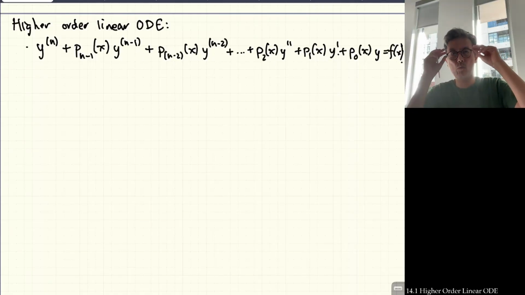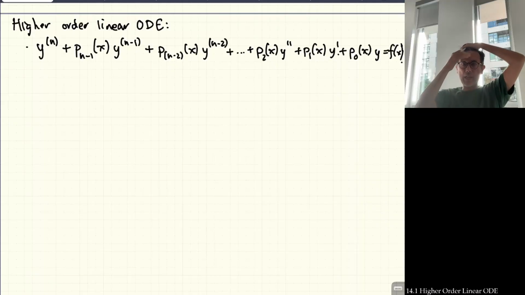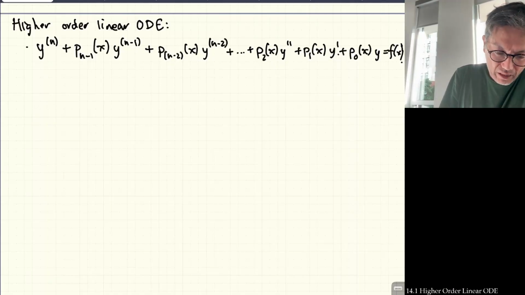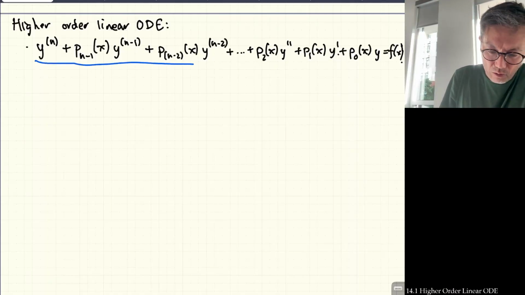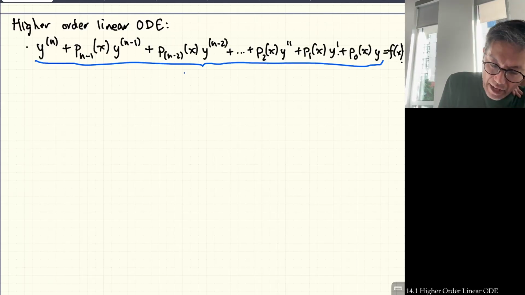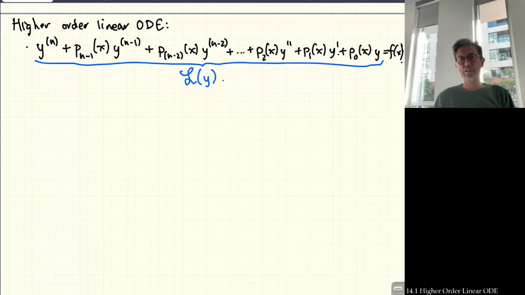Now, one perspective that I can offer about this crazy thing here is sometimes it's convenient to think of all of this over here on the left as an expression L of y. And I don't want to go into too much detail about this.